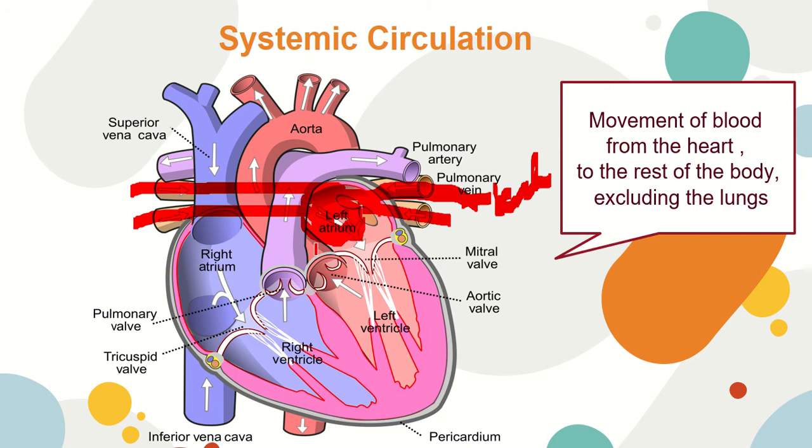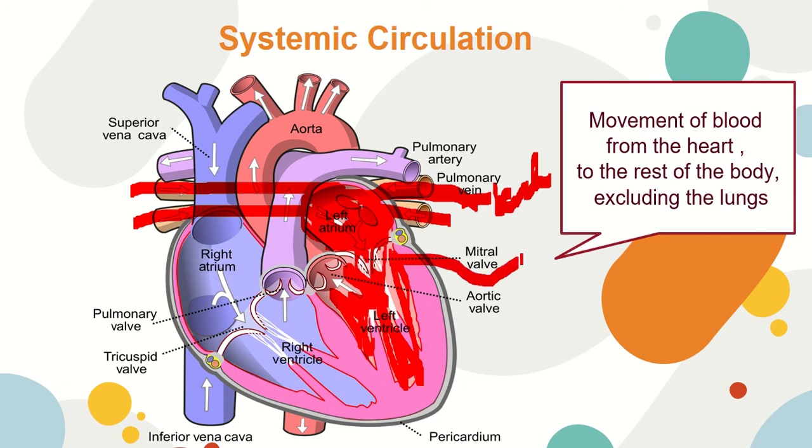Okay? So pag napuno na tong chamber na to, bababa siya kay left ventricle. Pero bago siya makababa kay left ventricle, kailangan niya munang dumaan kay valve. Anong valve to? Mitral valve. Okay? Or bicuspid valve.